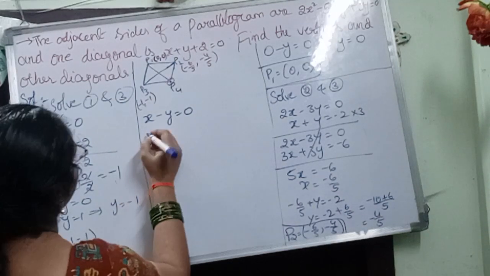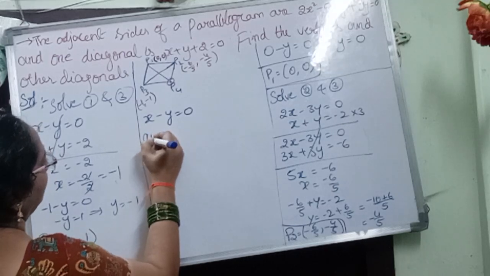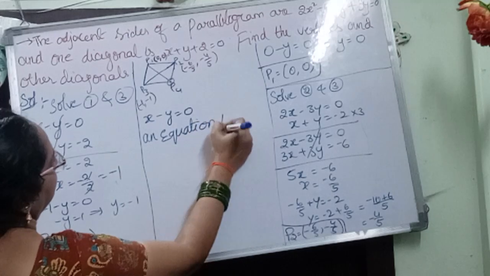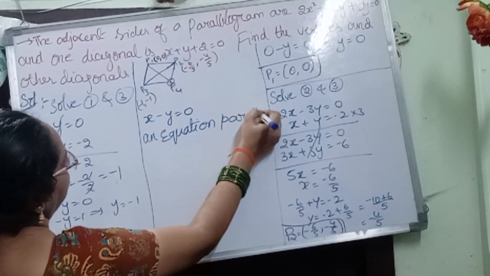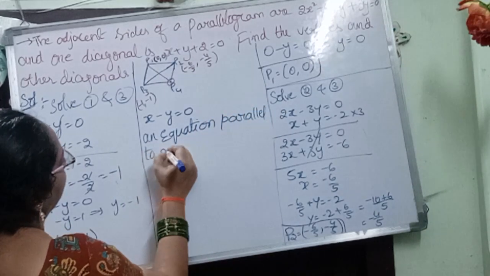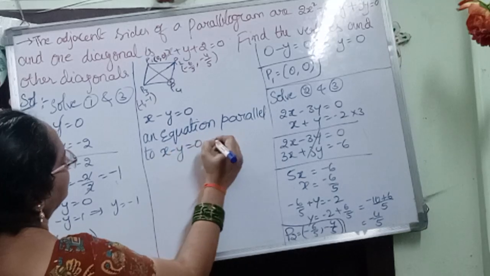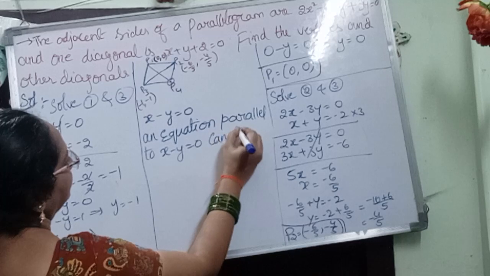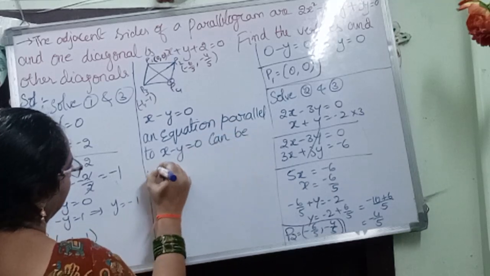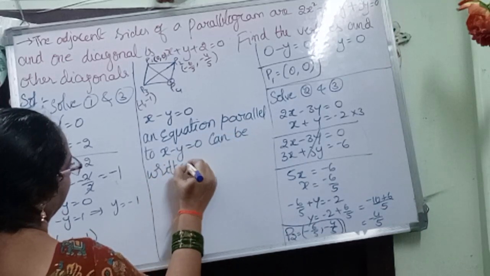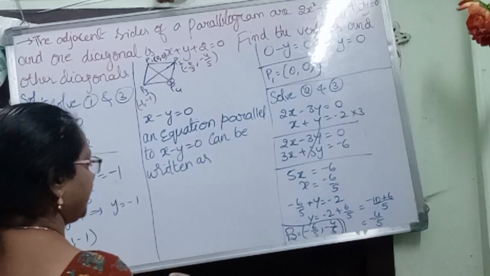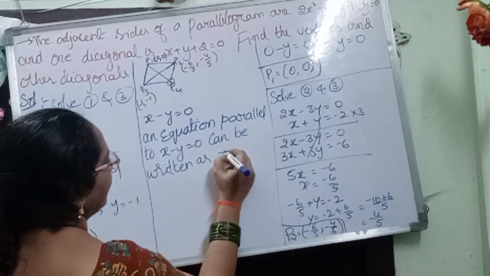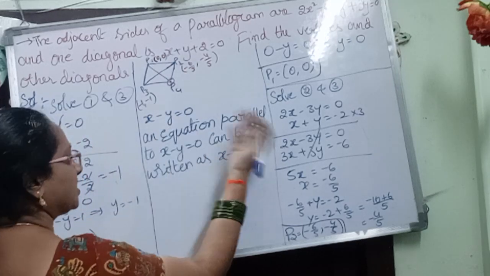So, an equation parallel to x minus y equal to 0 can be written with the same coefficients for x and y, that is x minus y, but the constants will be different.